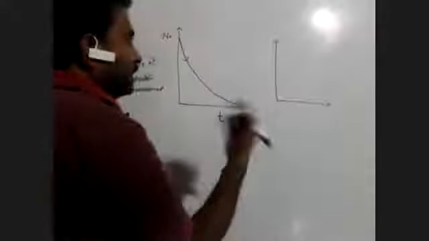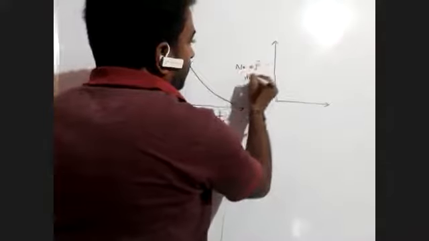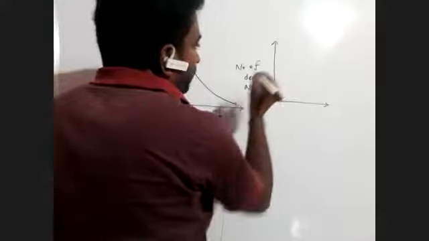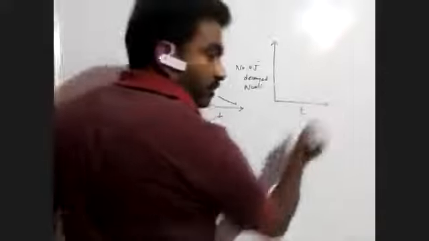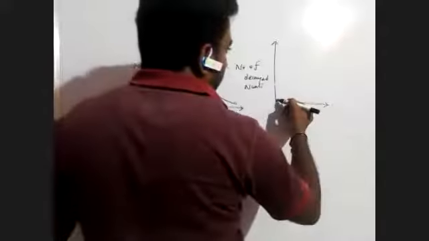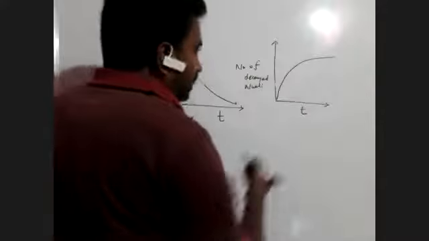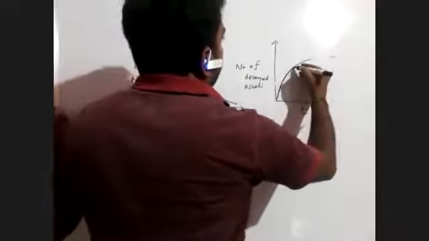Next, the number of decayed nuclei against time on the x-axis, the graph will be like this. Initially it goes exponentially, so more decays occur initially.